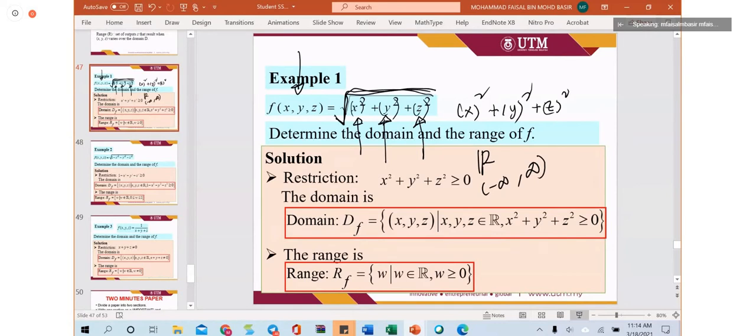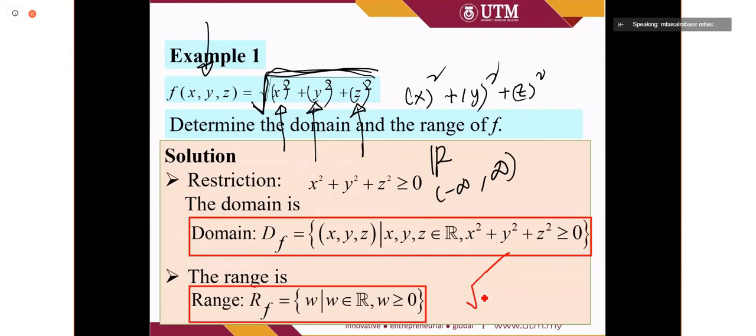So when I include the square root, inside you have to see the maximum and the minimum value. The maximum value of this can be anything, right? 1, 2, 3, 4, 5, 6. If I put negative 5, it becomes positive.